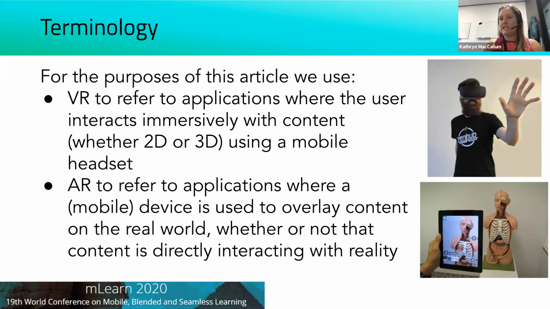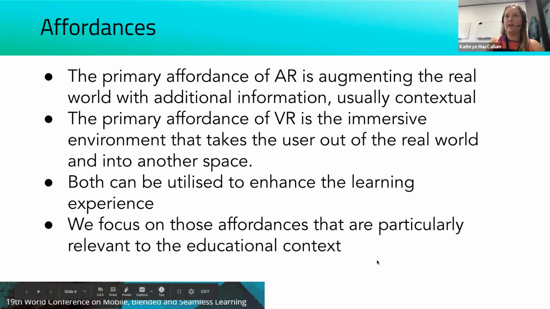AR, on the other hand, is where you have a real environment that you're interacting with digital content. So you've got the digital overlay of the real environment. Generally when we talk about AR and VR, we talk about the continuum. On one side, you've got AR, where you've got the digital overlay of the real, and in the VR, you've got the virtual reality where it has no connection to the real environment.